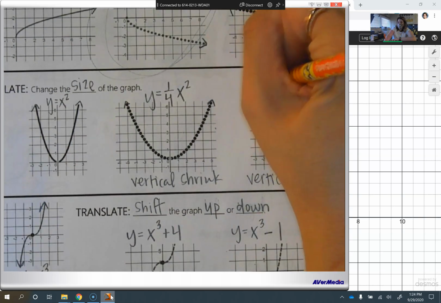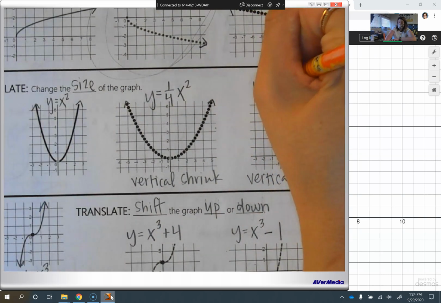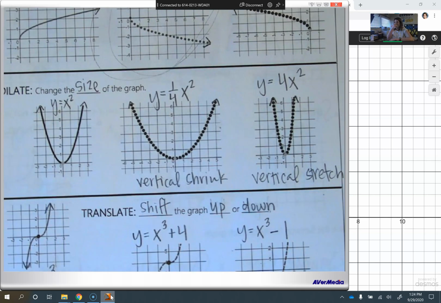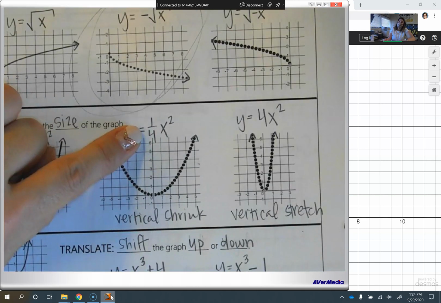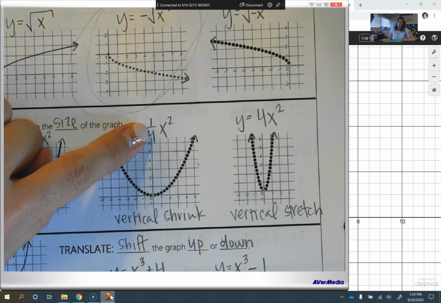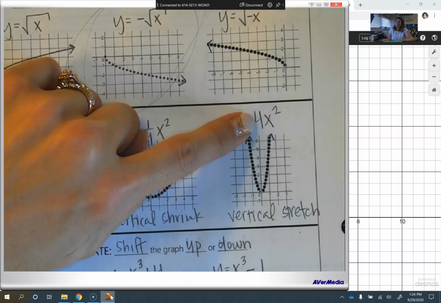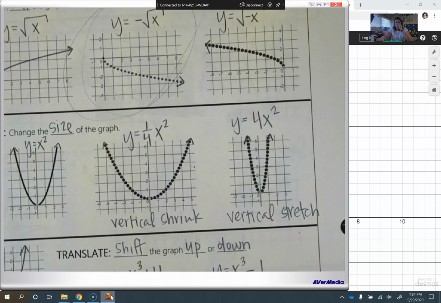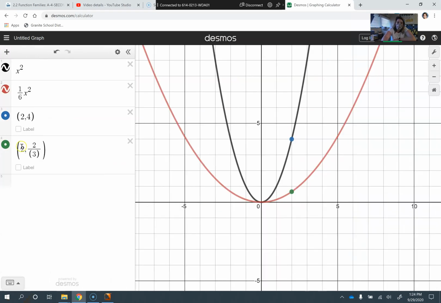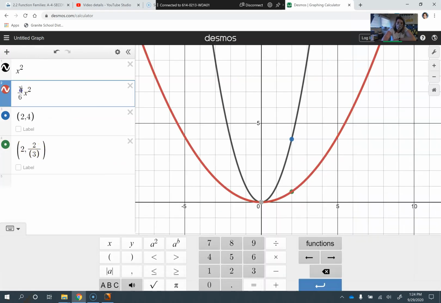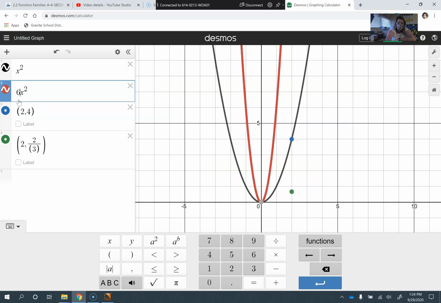So this one is y equals 4x squared. So here, your size change was a 1/4 on the front of the function. Here, your size change was a 4 on the front of the function. And it's similar reasoning. So instead of 1/6, I'm going to change this to 6, and the new one gets really skinny.